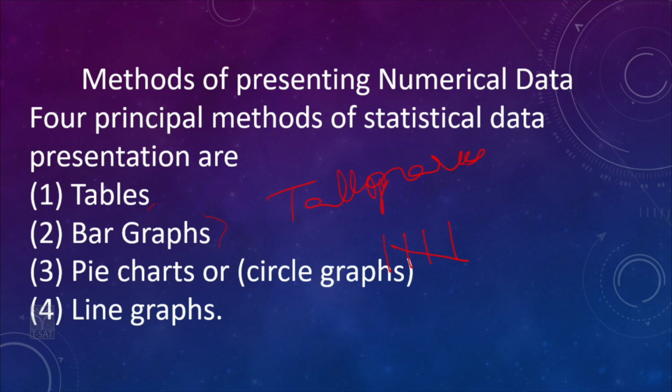In the table, we have the serial number, the next one is tally marks, the next one is frequency. So, that is the table, and the next one is bar graphs.